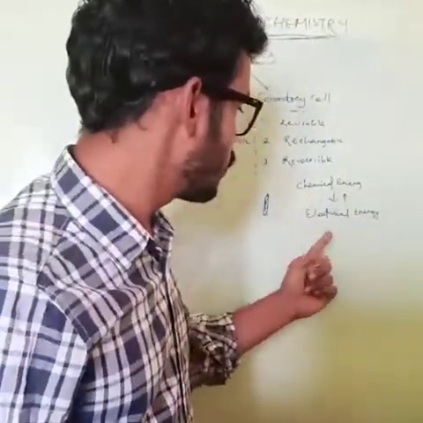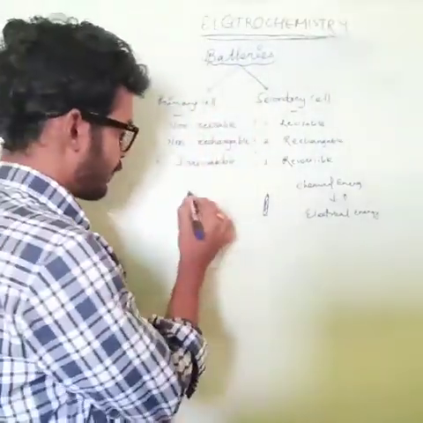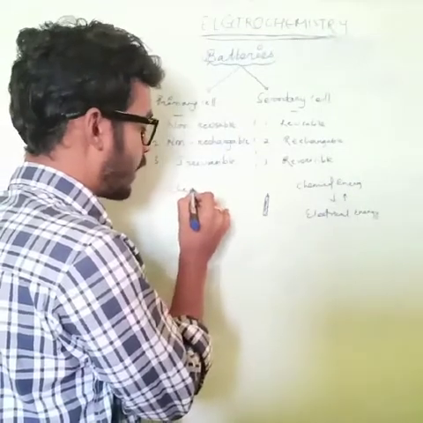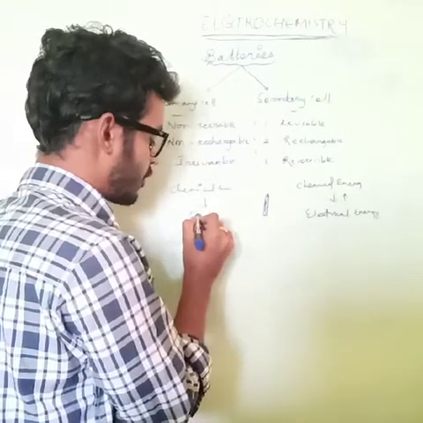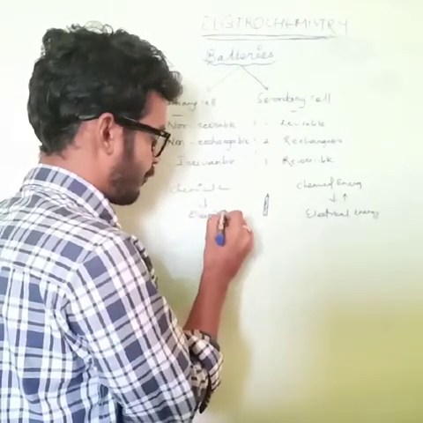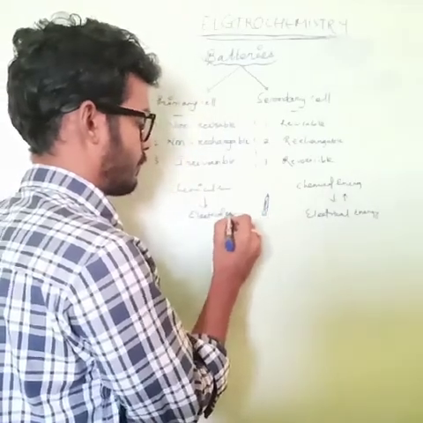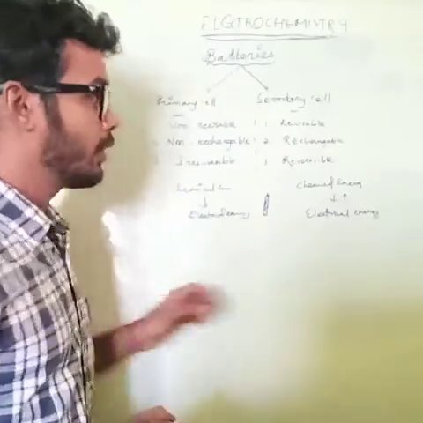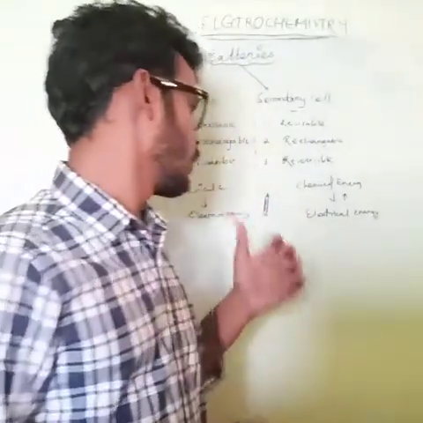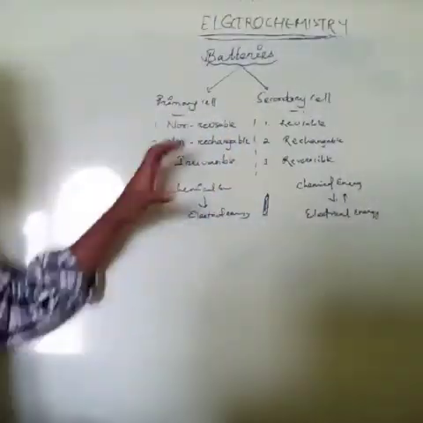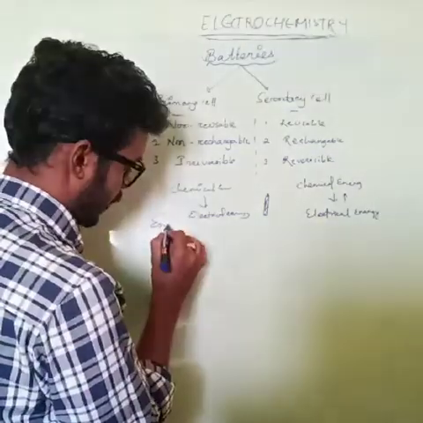So in this primary cell, what happens? Chemical changes, that is the galvanic cell, where chemical energy will give electrical energy. Here both the things happen in a secondary cell. Okay.